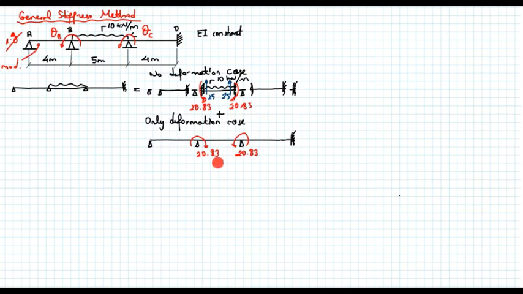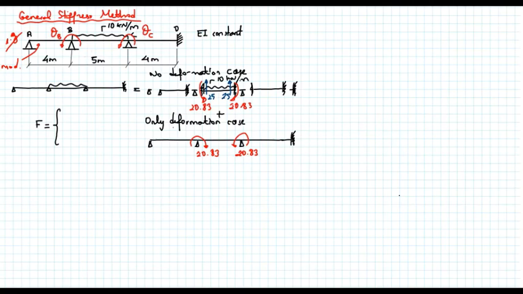So by looking at this figure, I can determine my force vector. F, my force vector, is equal to my first degree of freedom. Let's say that it is equal to theta 1. I will not label it as theta b from now on.